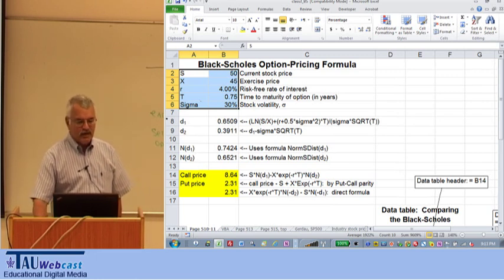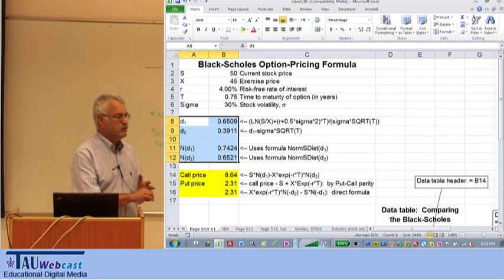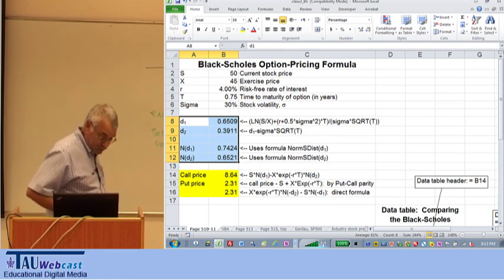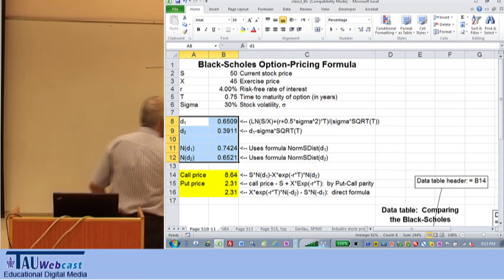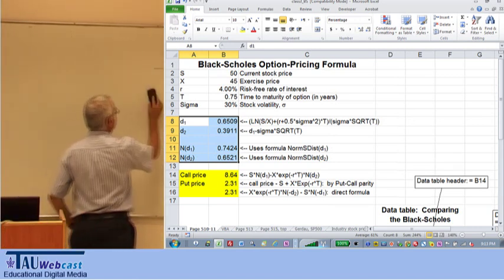So you have these 5 factors. Then you have to do some calculations. What do you have to compute? You have to compute d1 and d2. And you have to compute N(d1) and N(d2). And N(d1) and N(d2) are just values of the standard normal distribution.